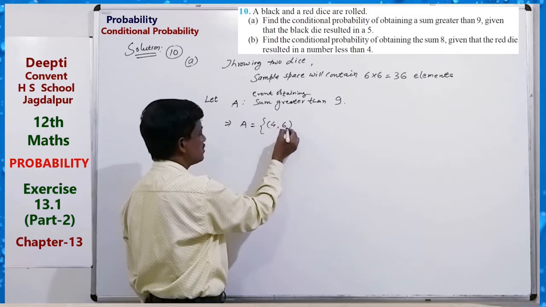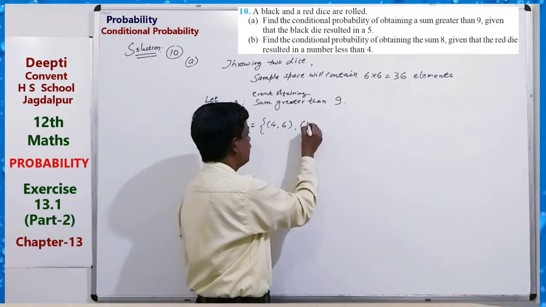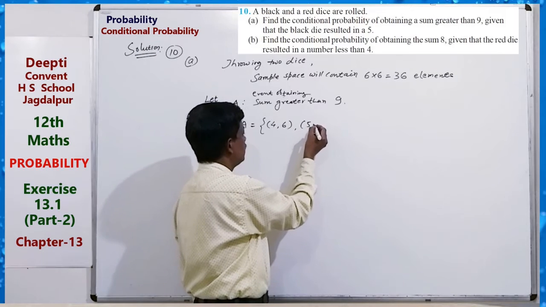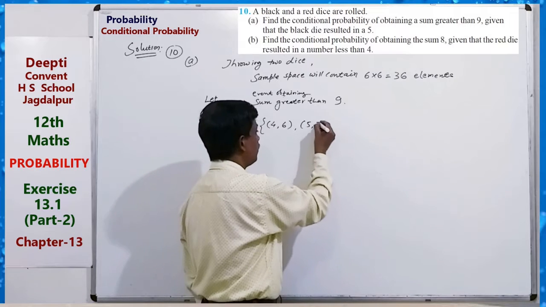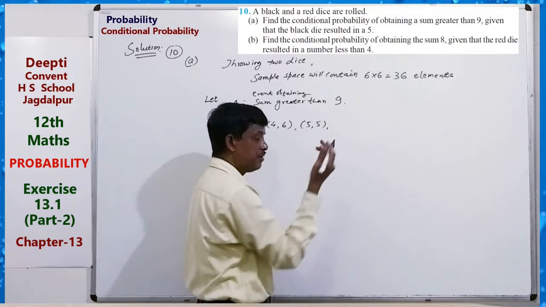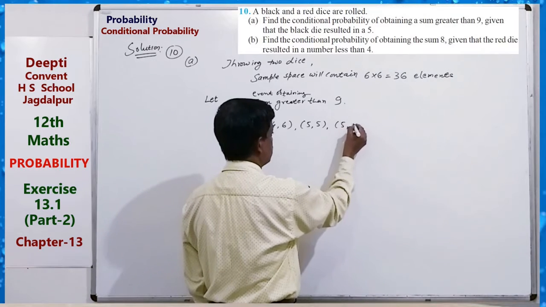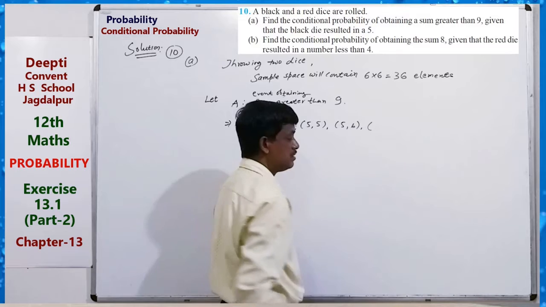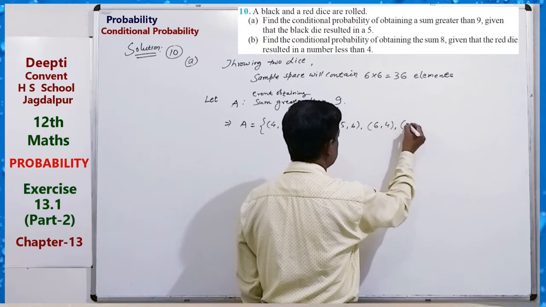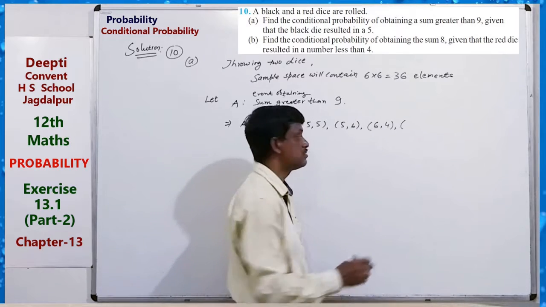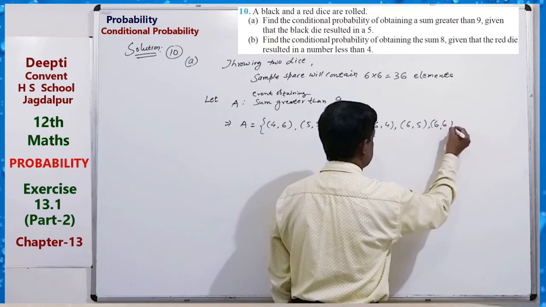4 6, then 5 5, and 5 6 also, and then 6 4, 6 5 and 6 6.